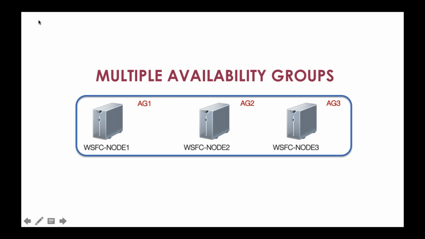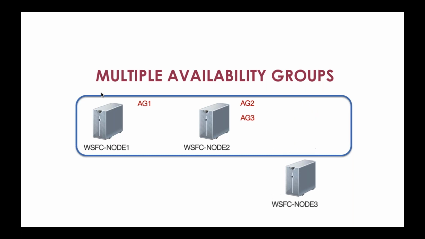Okay. So if, let's say, you have multiple availability groups, again, same principle applies. You move one of the availability groups to any of the replicas and then upgrade that node. Okay, same thing. Now, at this point, availability group 3, or AG3, becomes offline.